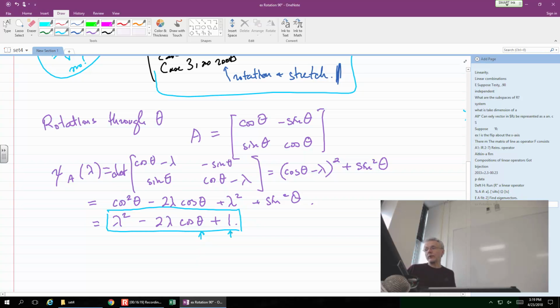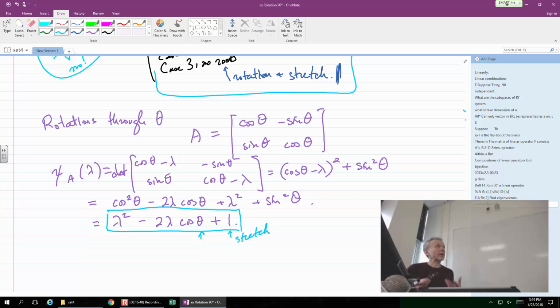What is the importance of 1? It is in fact the stretch, or at least that's the guess that we make for the time being. It is a pure rotation, so there is no stretching.